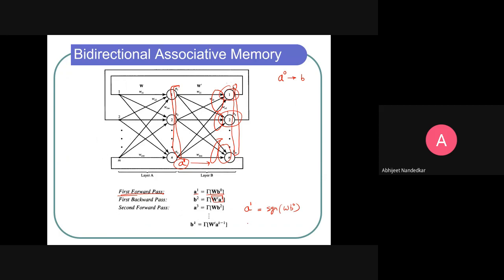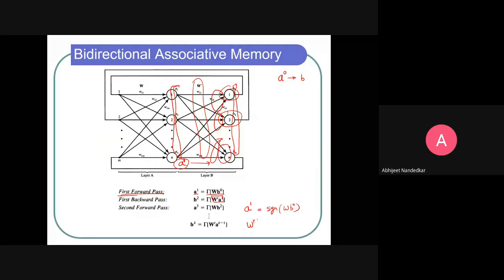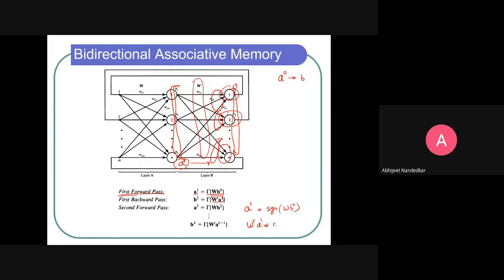You will take W transpose, the weights here, and multiply with A1, so that will give you directly the net vector for all neurons B. Now you pass that again through the sign function, so that will give you B2, which is sign of W transpose A1.